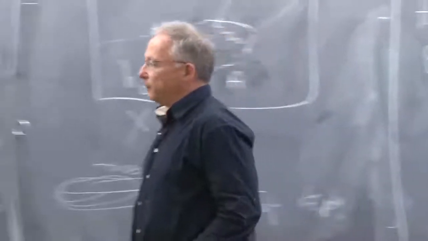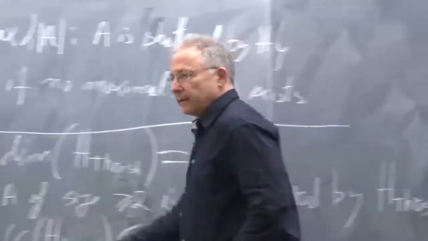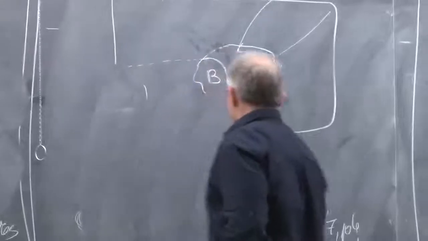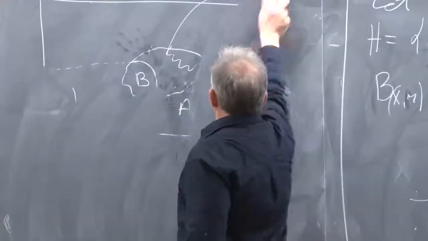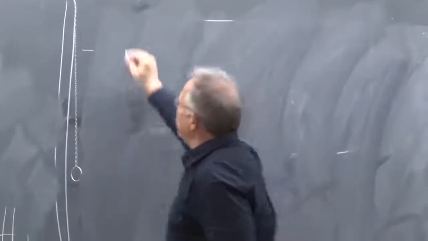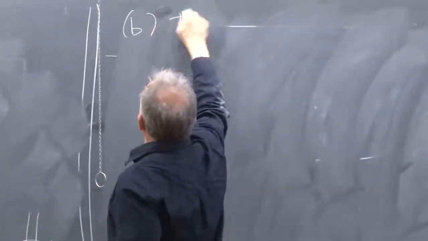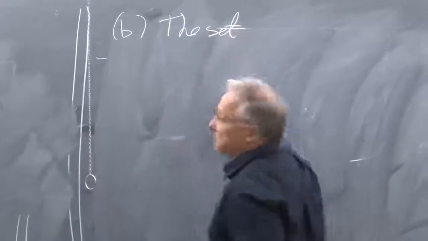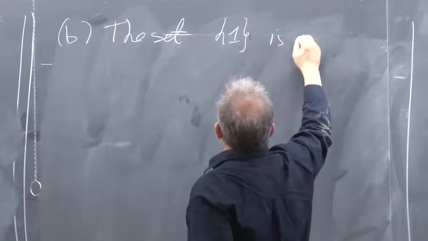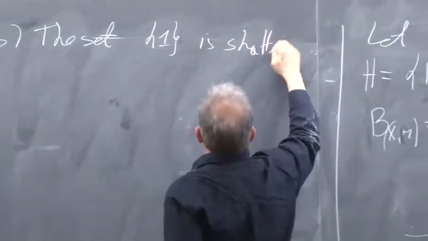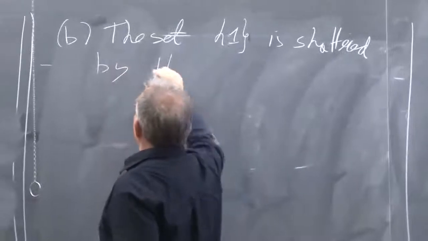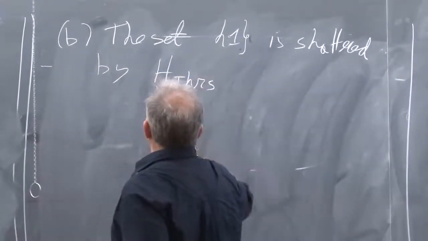Now I have to show you that the VC dimension is exactly 1. So I have to show you a set of size 1 which is shattered. So B, the set, whatever you want, 1 is shattered by H threshold.